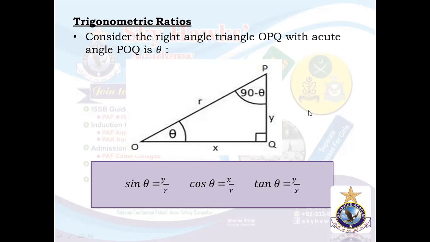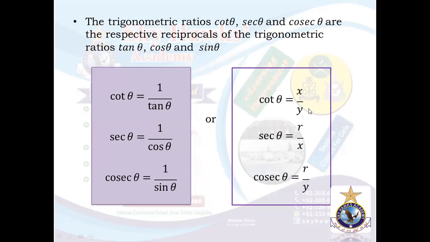So what type of triangle is that? Now, please read from here. The trigonometric ratios cot theta, sec theta, and cosec theta are the reciprocals of the trigonometric ratios tan theta, cosine theta, and sine theta respectively.